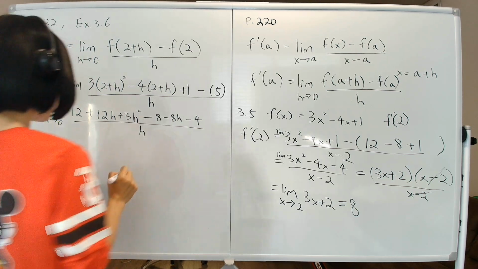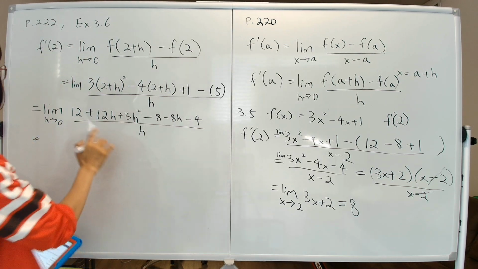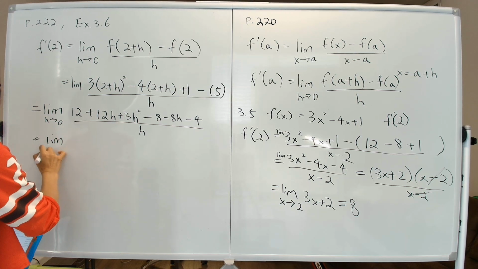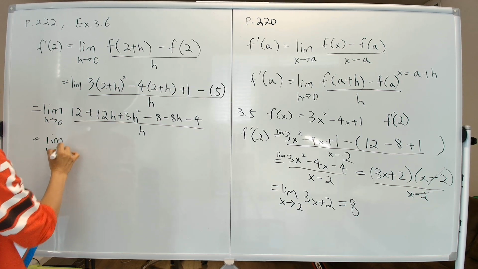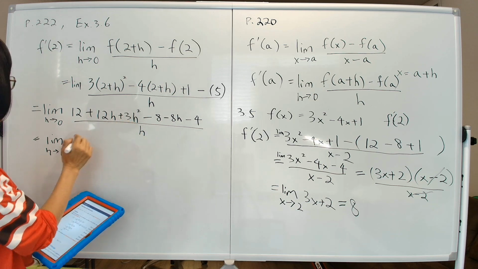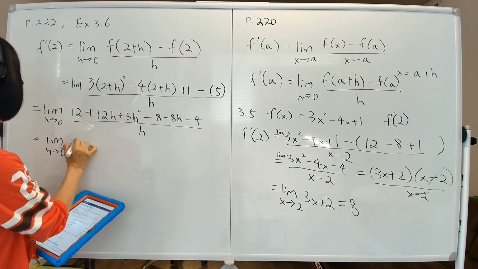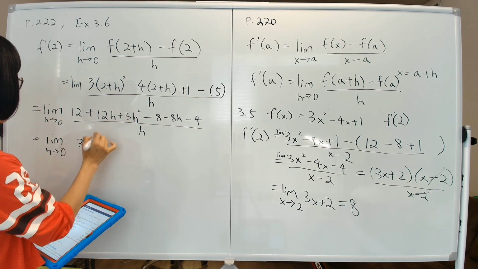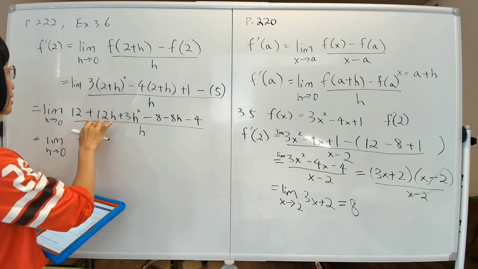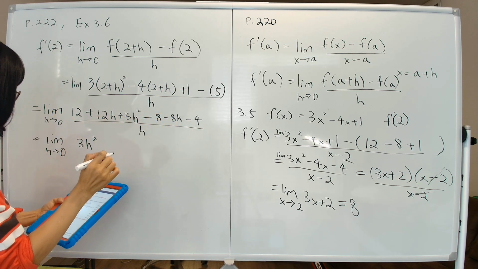Now we are deep inside the belly of algebra and have to dig our way out. So that's equal to 3h squared plus 12 minus 8 is plus 4.